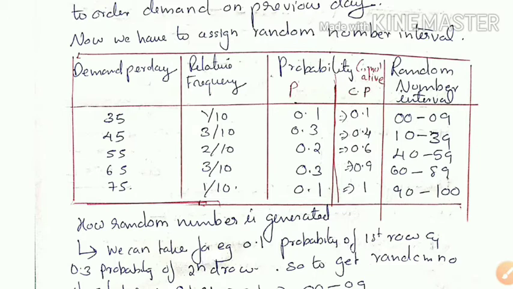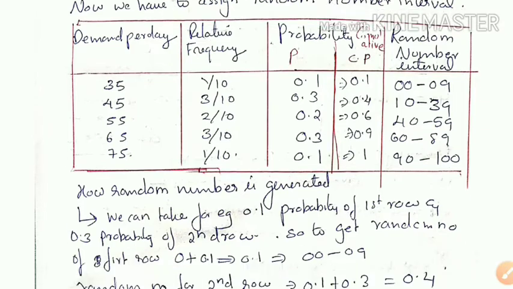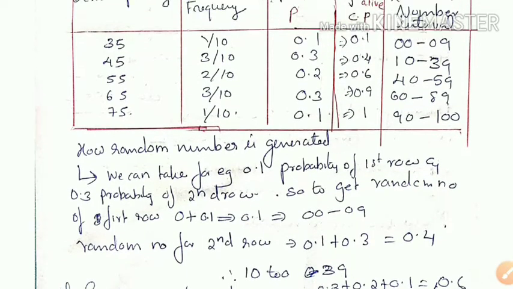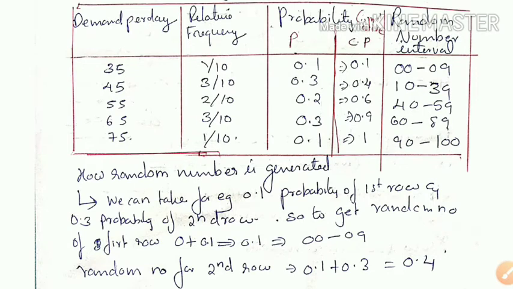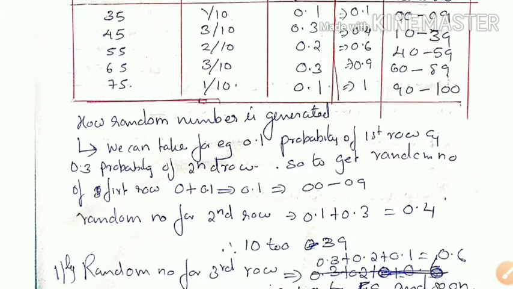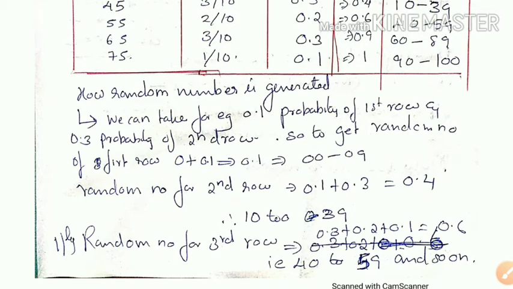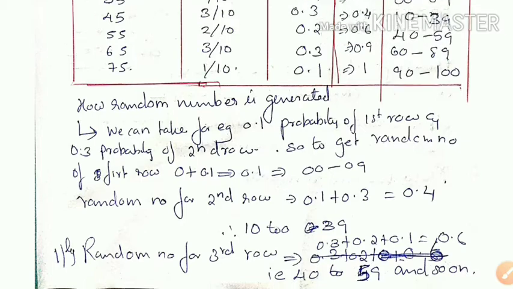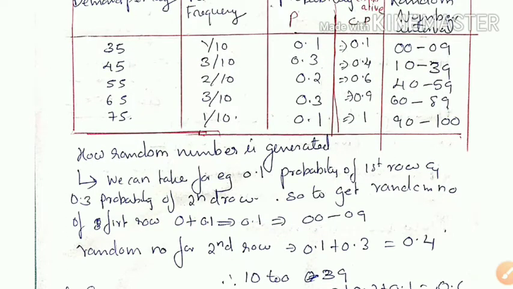For 0.1, cumulative probability is 0.1 itself. For 0.3, cumulative probability is 0.4. How did we get 0.4? We can see here. For example, 0.1 is the probability of the first row and 0.3 the probability of the second row. To generate random numbers, before that we have to find cumulative probability.